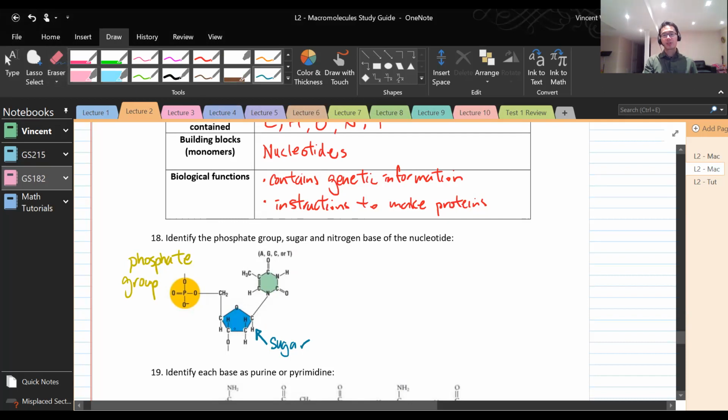If it's missing an oxygen, we call it a deoxyribose. And if it's not missing an oxygen, it's a ribose. So deoxyribose in this case, or ribose sugar. In this case, because it's missing an oxygen here, it's deoxy. So this is in DNA. This is in RNA.